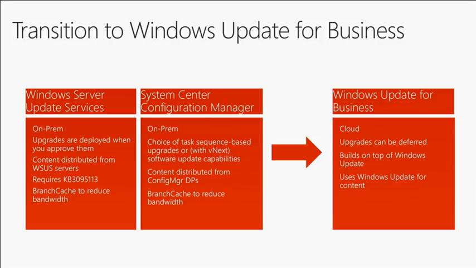You have the controls that you have today with SCCM or with WSUS. We've made those controls available even with using Windows Update, and that's what we call Windows Update for Business. It's basically Windows Update with additional controls for how you manage the speed and the velocity at which you deploy your updates to your corporate-owned devices.